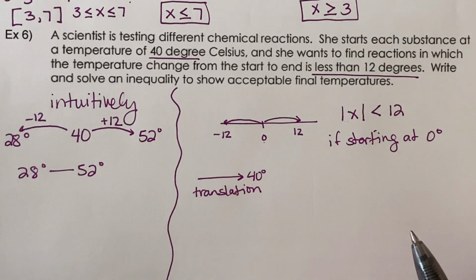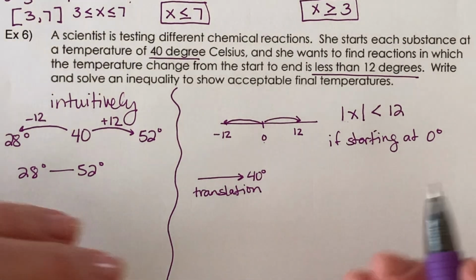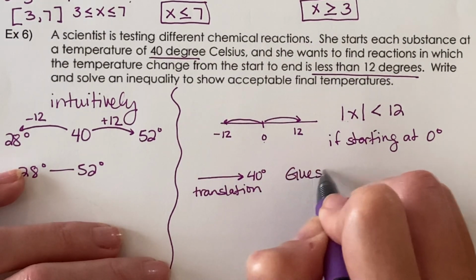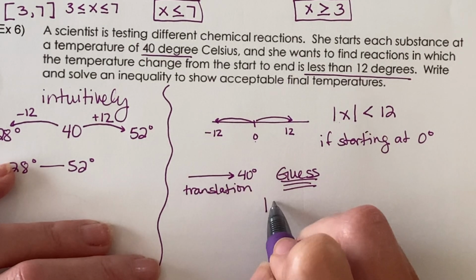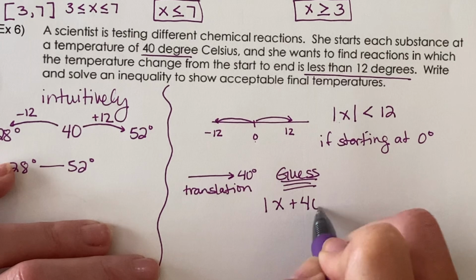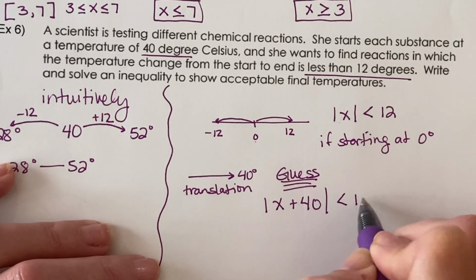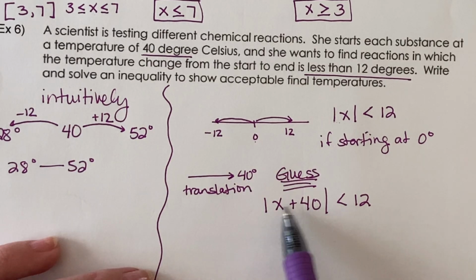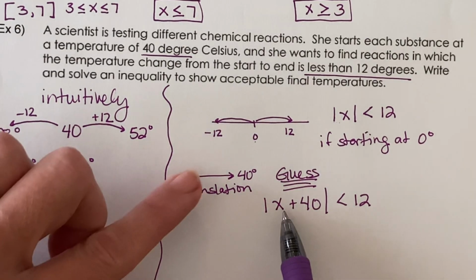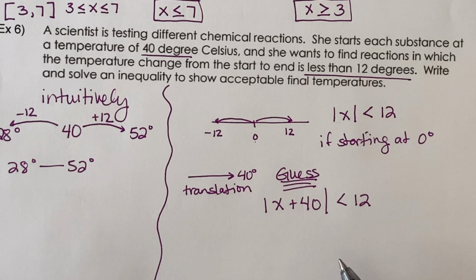Well, let's go ahead and make a guess. Here is my guess. Okay, let's say I moved everything positive, and that has to be less than 12 degrees. Let's start here and see what happens because I translated everything 40 degrees higher.